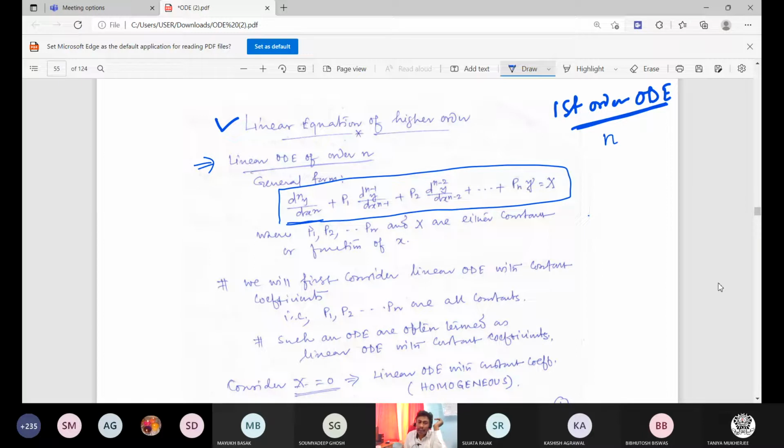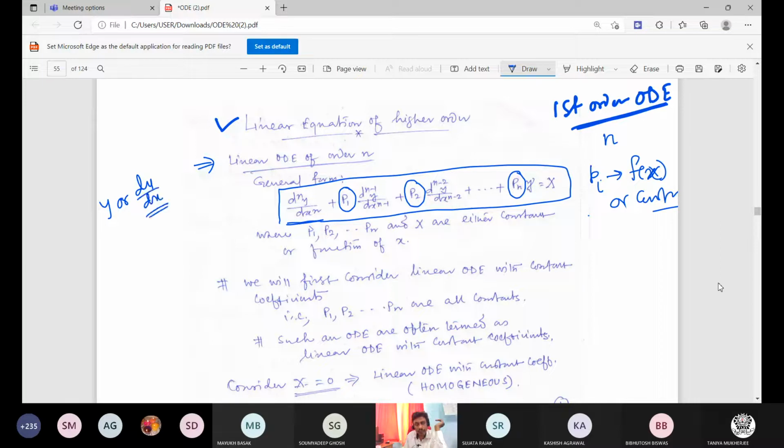Now why is it linear? See here, this equation involves coefficients P1, P2, and so on up to Pn, that is Pi. These will be considered as functions of x or constants. So in Pi there will be no term involving y or its derivatives of any order.